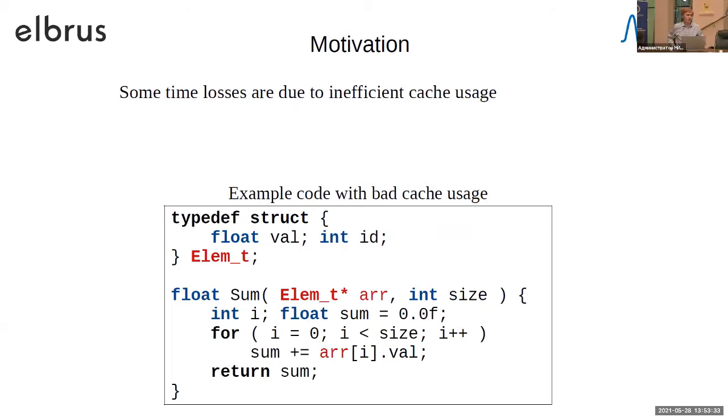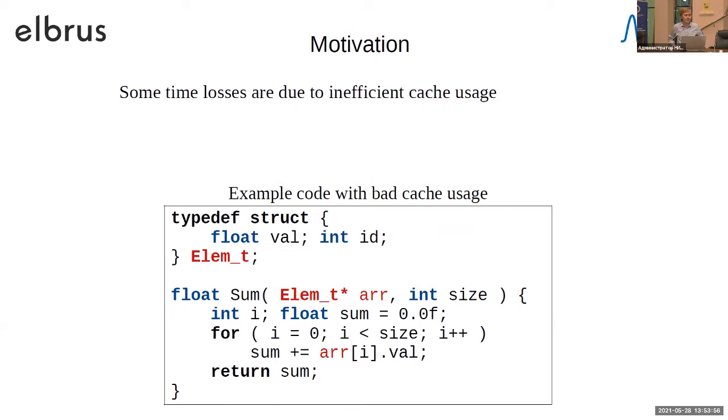Some time losses, of course, are due to inefficient cache usage. For example, in the down of this slide, we have array of structures, and in the cycle, for each element of this array, we have access only to one field.